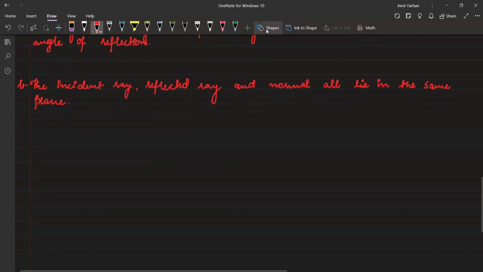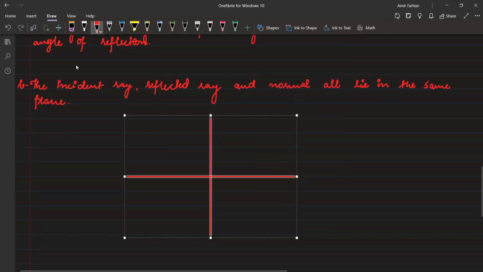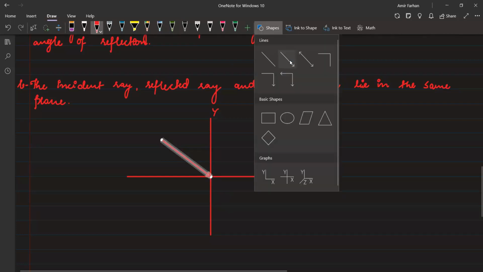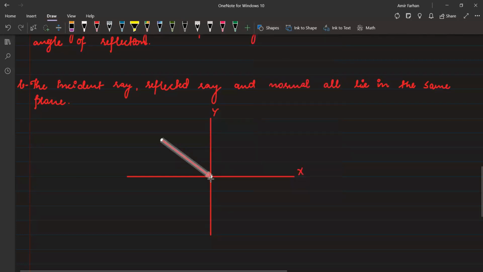Okay, so what does it mean basically? You must have learned the coordinate systems, the x and y axes. Suppose this is the y axis and this is the x axis. This line is acting as the normal and this line will be the incident ray. The normal is perpendicular, both are at 90 degrees to each other.